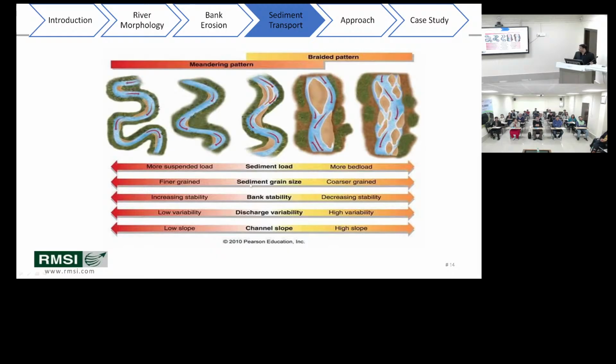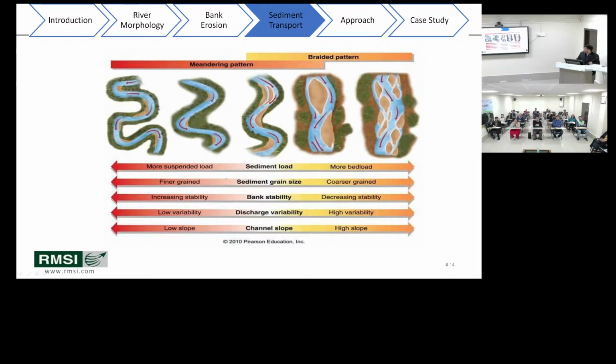When we compare the sediment grain size, coarser grains will be found in the braided pattern, because these are the structures which form in the braided pattern, and here the possibility of deposition is higher. Boulders come in between, and sediment starts depositing on this side only.